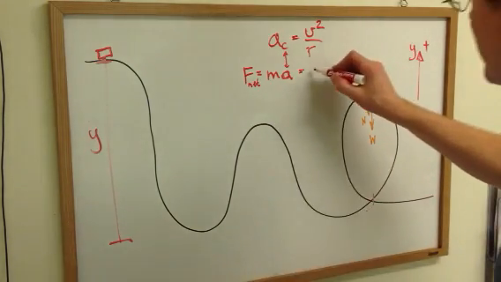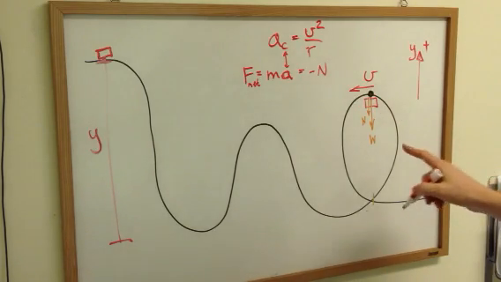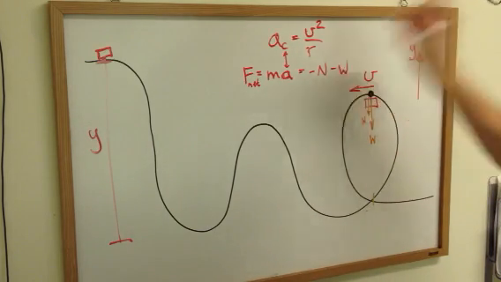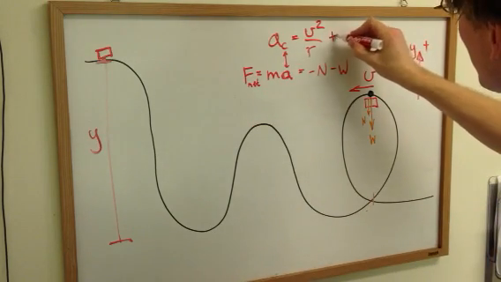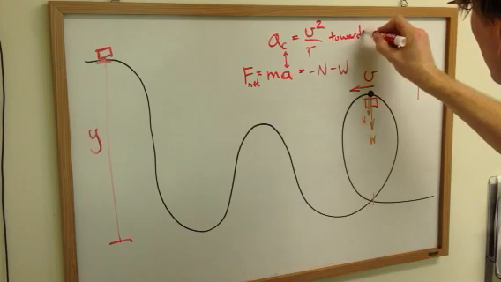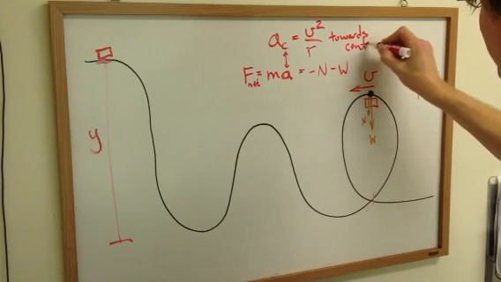So N is pointed down. Weight is pointed down. And in order for it not to be confused by the signs, we have to recognize that this centripetal acceleration is always towards the center.